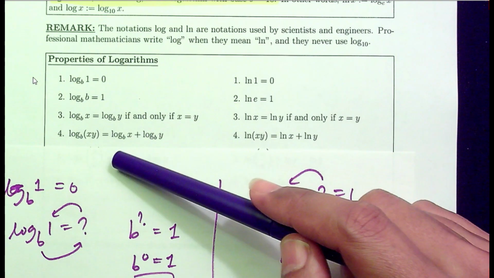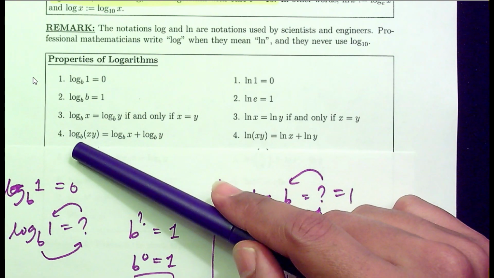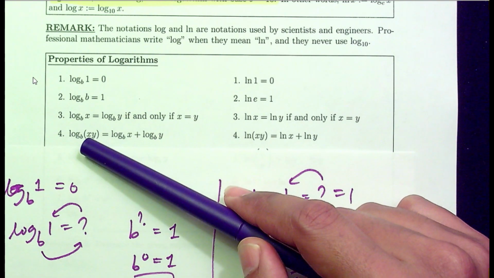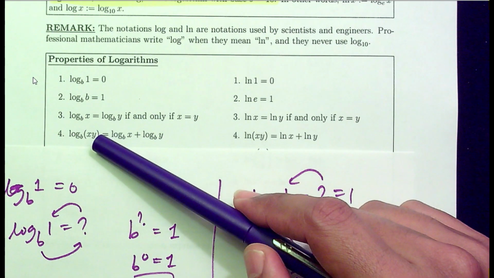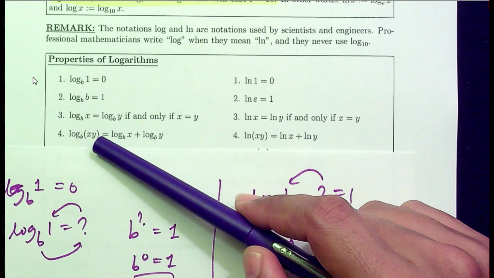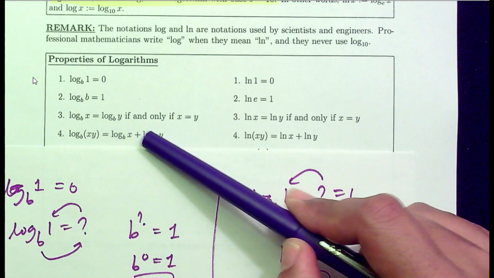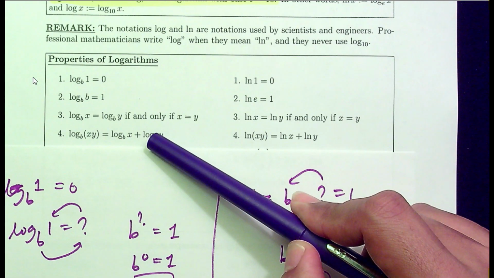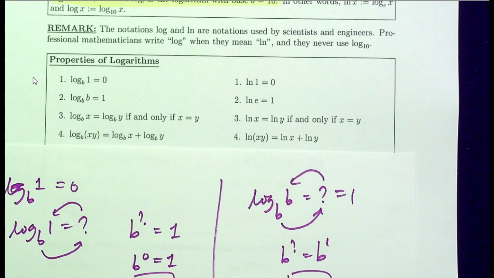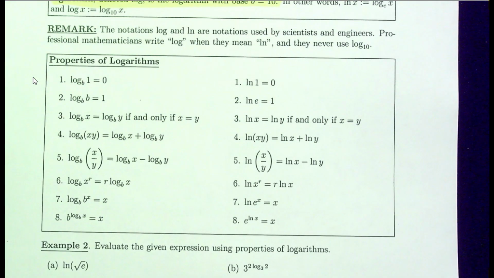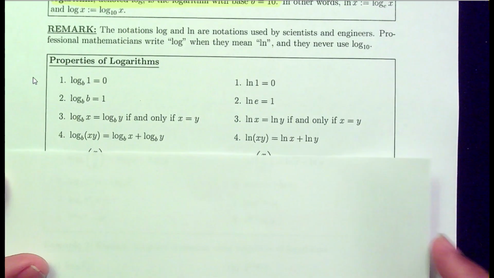This property tells me that the logarithm of a product, you can split it up, but it doesn't split up as the product of the logarithms. It splits up as the sum of the logarithms. And that is because an exponential function takes a sum of exponents and splits it up as a product.